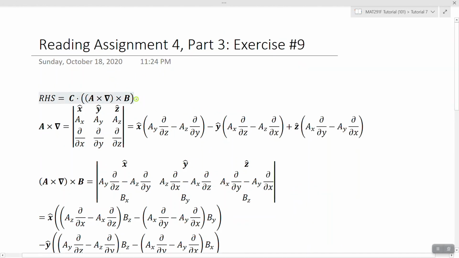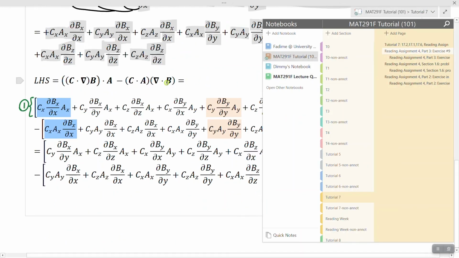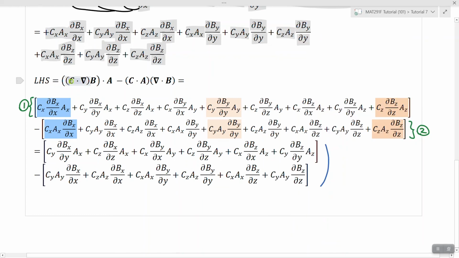So I copied this third term. You can see it has this A cross product del operator. It's kind of similar to how we had this C dot del operator, but now it's cross del operator.